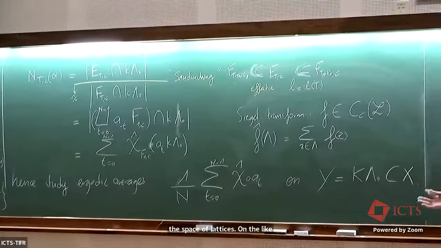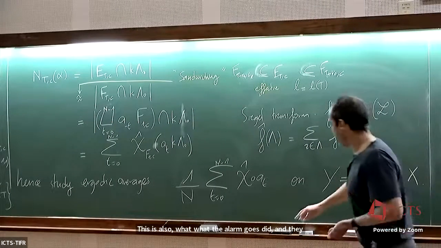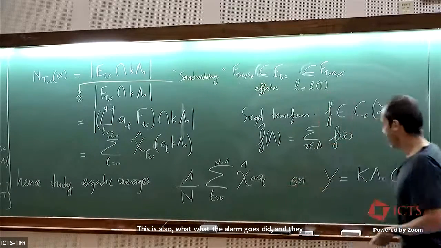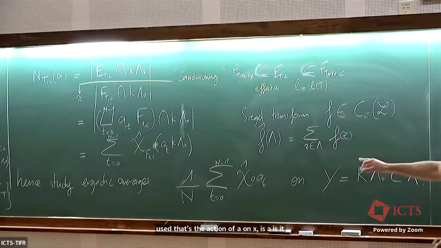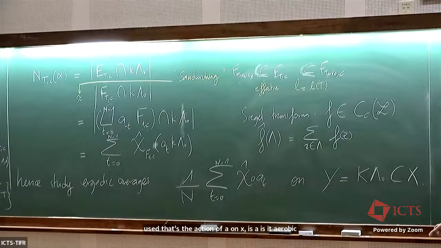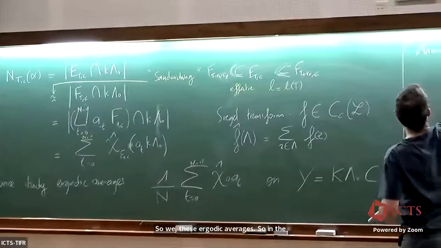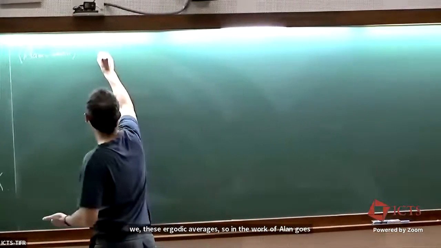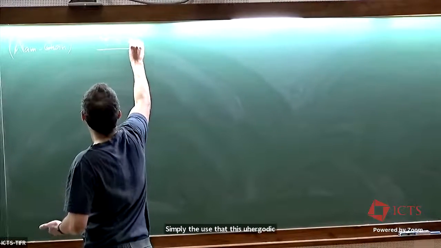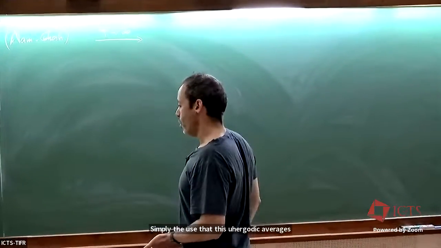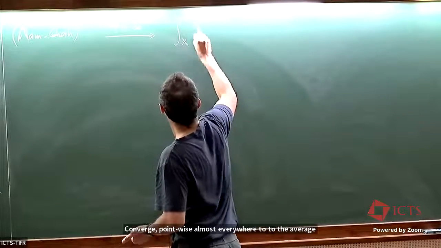This is also what Alam-Ghosh did, and they used that the action of A on X is ergodic. So in the work of Alam-Ghosh, simply they use that these ergodic averages converge pointwise almost everywhere to the average on X of the Siegel transform.